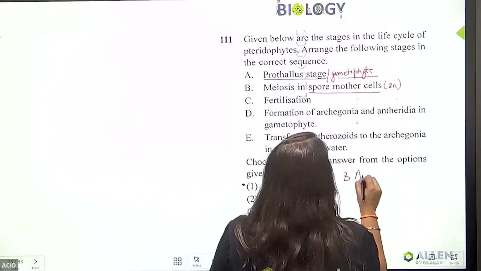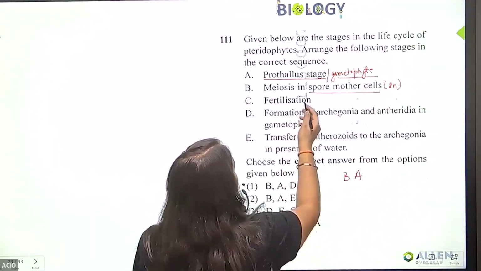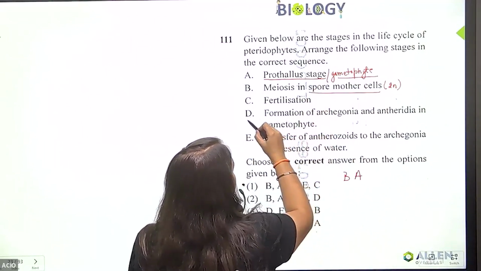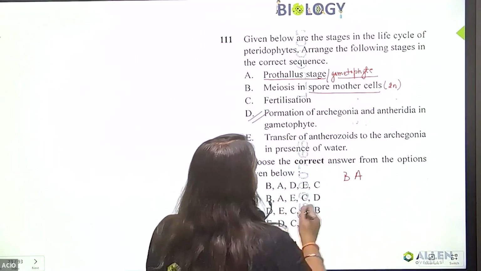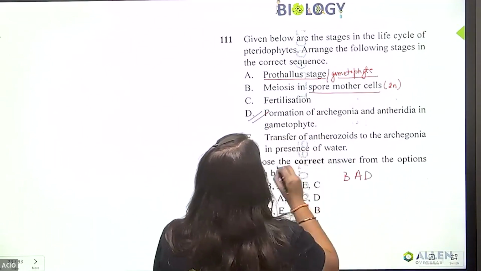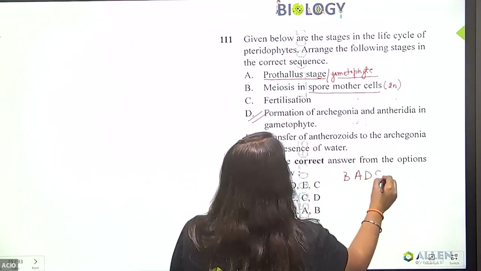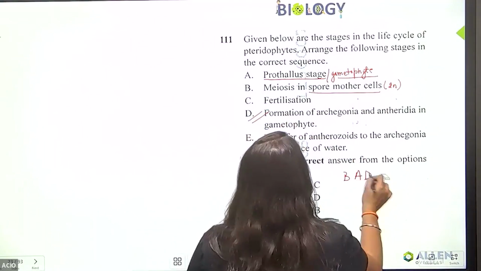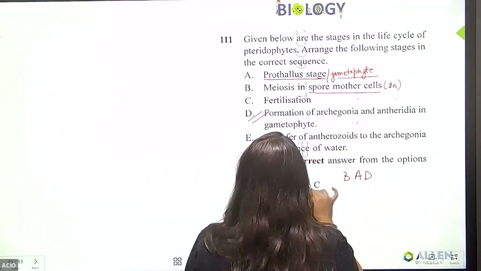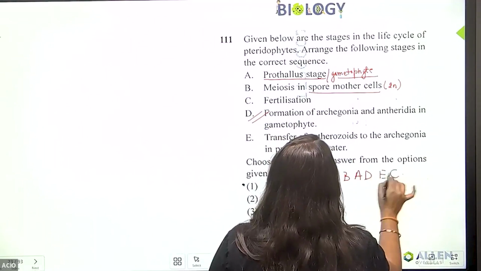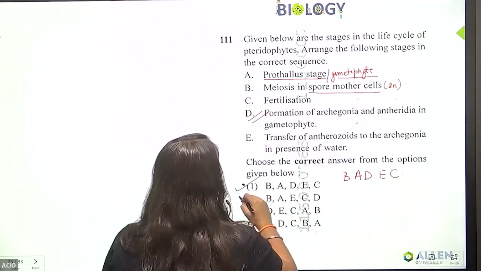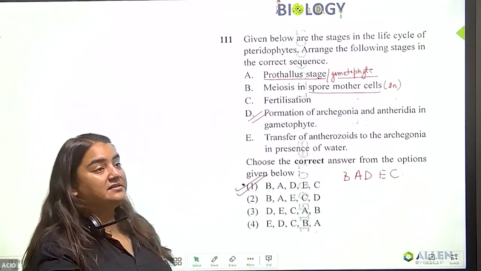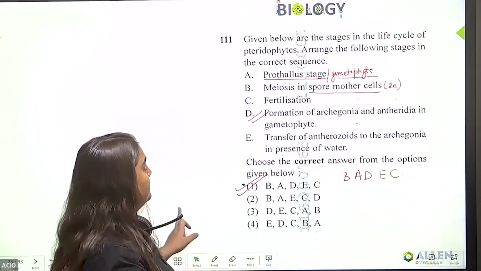So after B, we are going to have A. Then formation of archegonia and antheridia in the gametophyte, so D. Then transfer, then you will go for E, and then you are going to go for fertilization, C. Okay, this is the answer. So BADEC is the answer for your life cycle of pteridophytes.